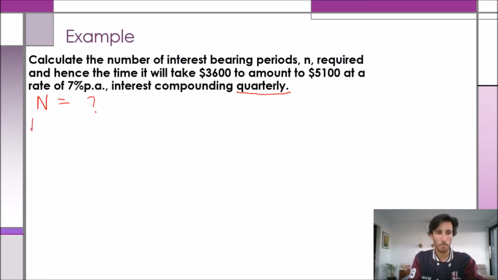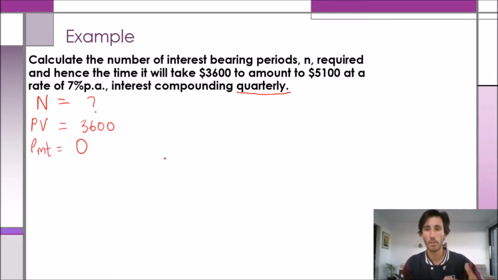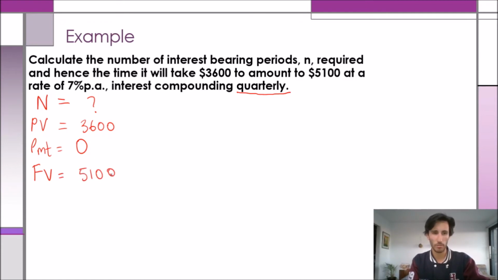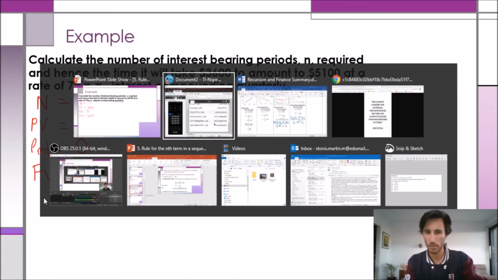Now, PV, our present value, is our starting value. So we're starting with 3,600. Payment is 0 for compound interest. We have no regular payment that we're doing. We're only worried about the interest. Our future value is equal to 5,100. Our rate, I forget the letter for rate, just bear with me.